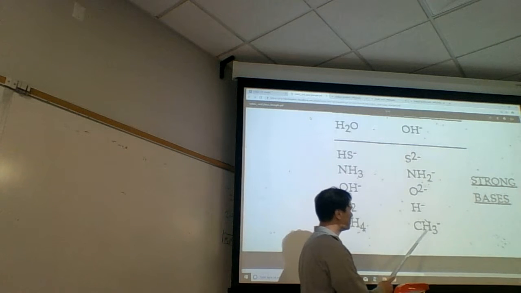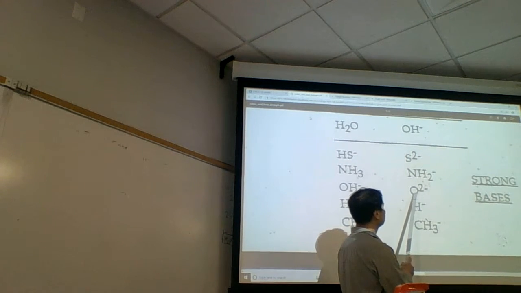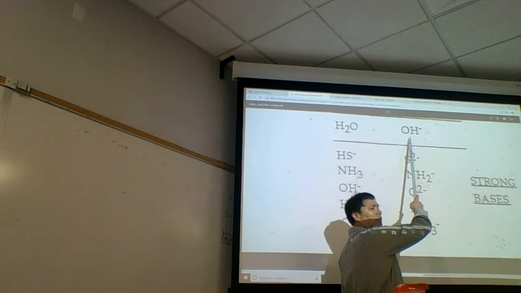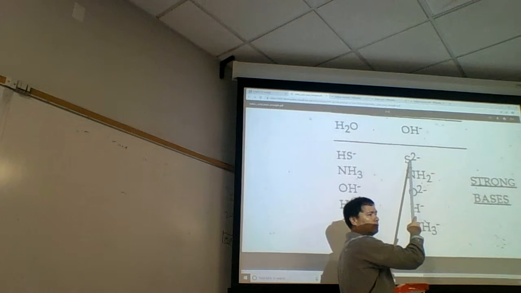So the strongest bases here, methide is very rare, hydride is very rare. And so we're going to start off with oxide, amide, sulfide, and hydroxide. These are all the strong bases here.